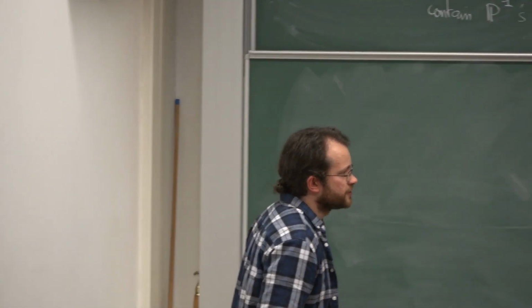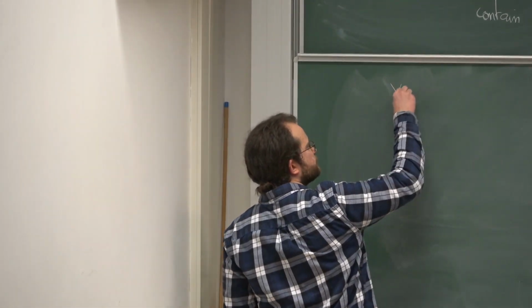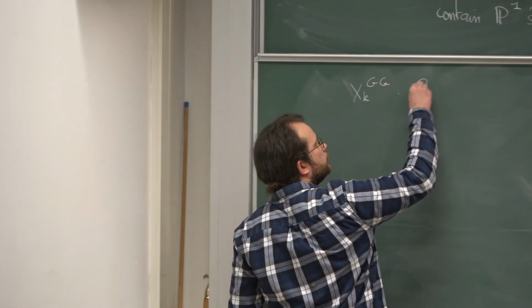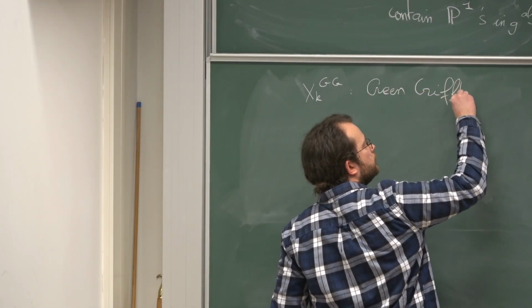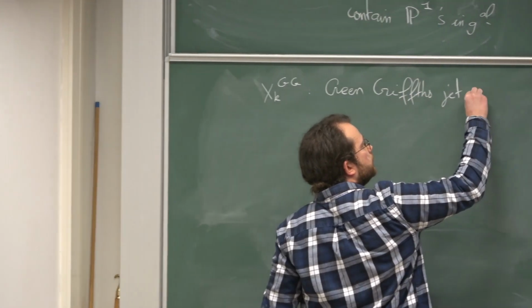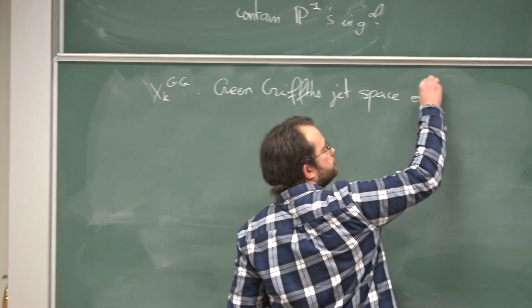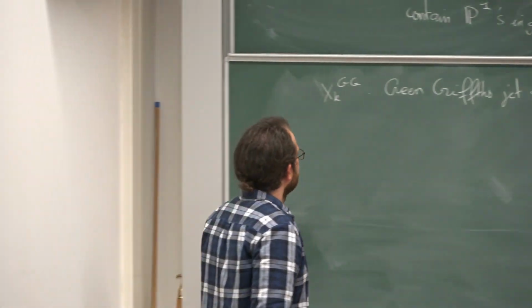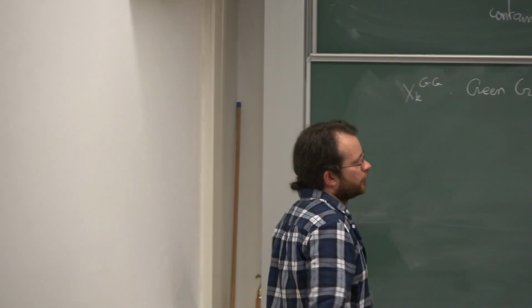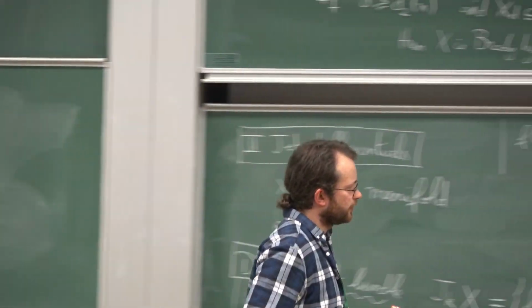All right, so as I said, this jet space here is the Green-Griffiths jet space of order k. And so, why is it useful in hyperbolicity?